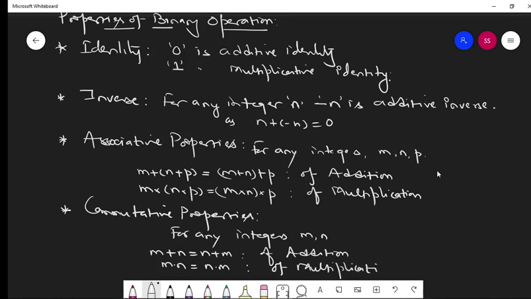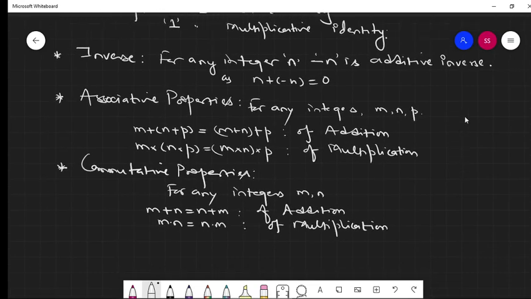This is the commutative property, which also applies in binary operations.